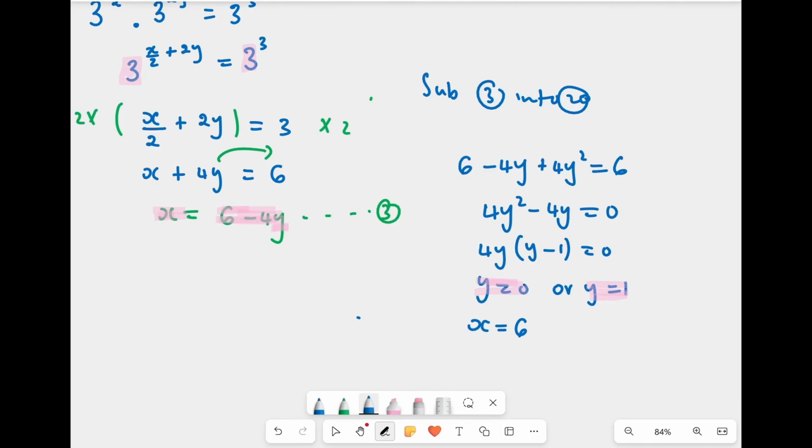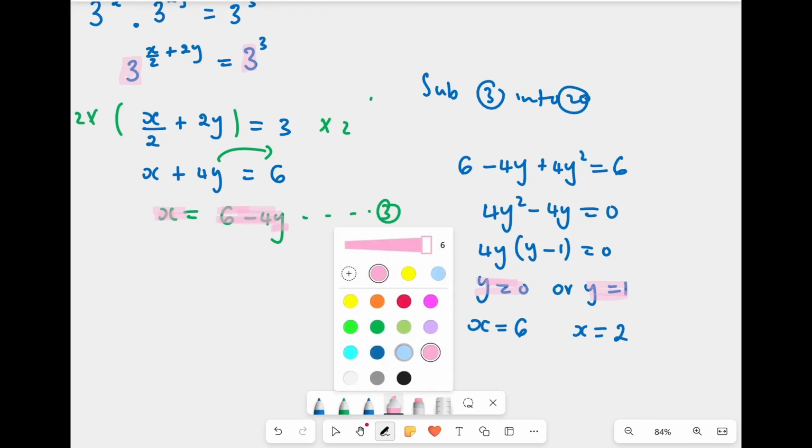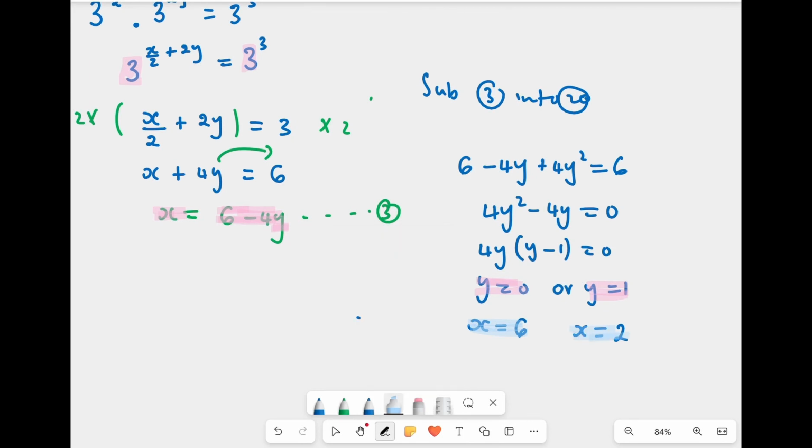If I put 1 where there is y, I am going to get x is equal to 2. So I have solved for x and y simultaneously. So we have x is equal to 6, x is equal to 2, y is equal to 0, and y is equal to 1.